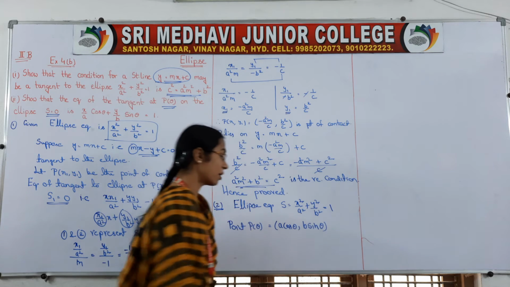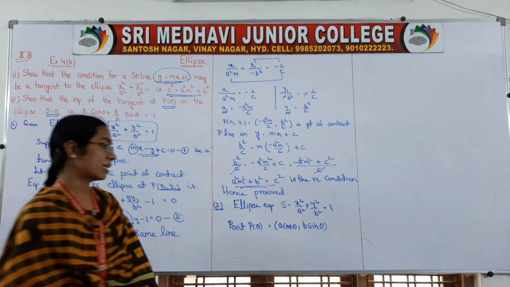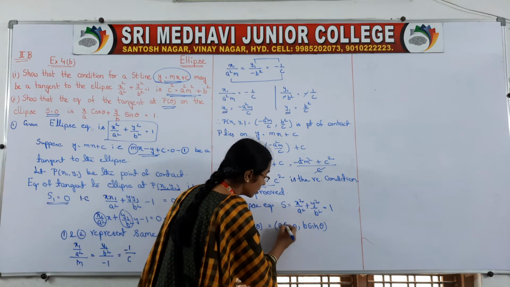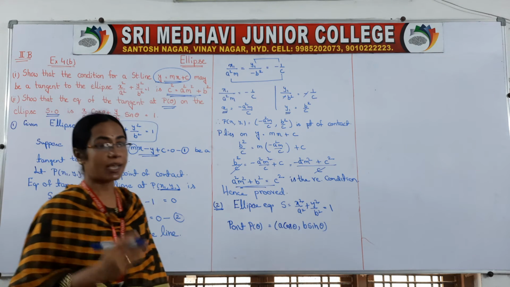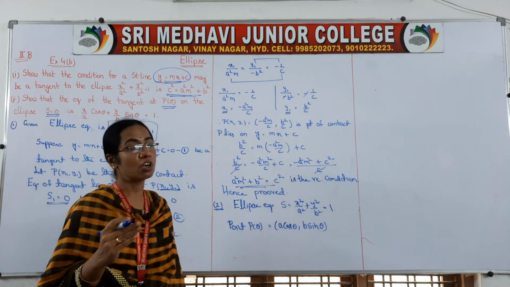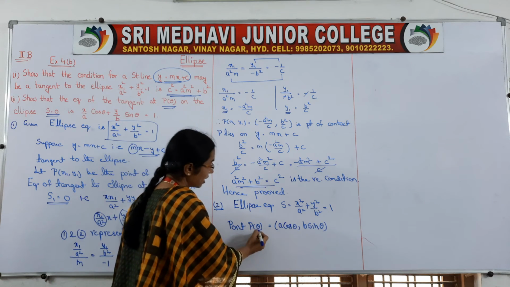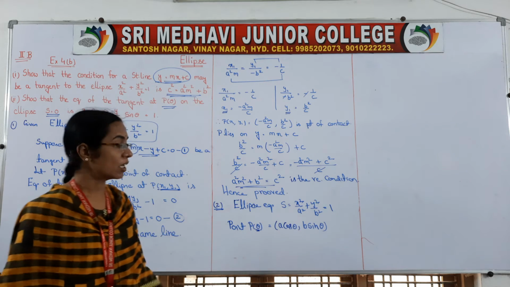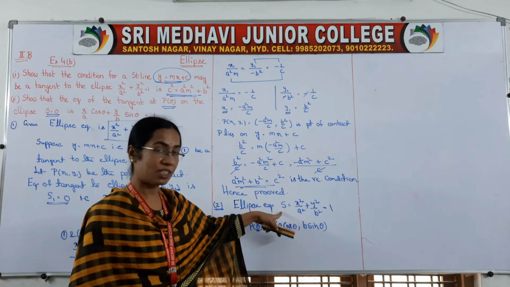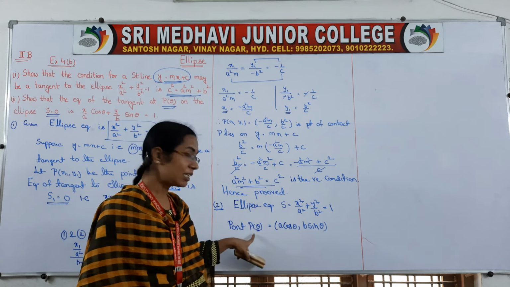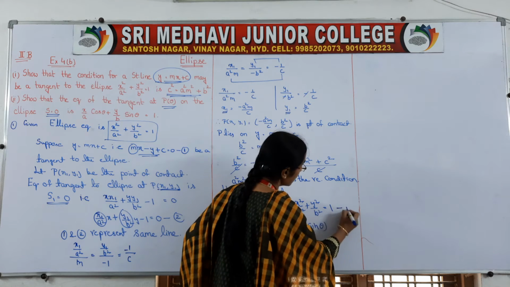This is called parametric equations. x = a cos theta and y = b sin theta are called parametric equations of the ellipse. So, instead of x and y, we will take the values in terms of theta. It is given in the question only. So, we have to find the tangent of this ellipse at this point.